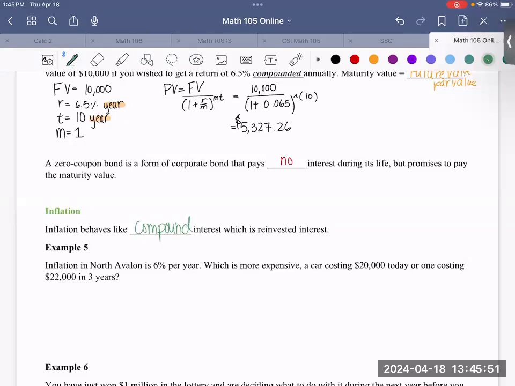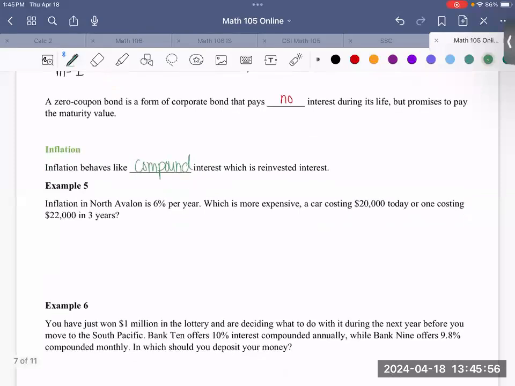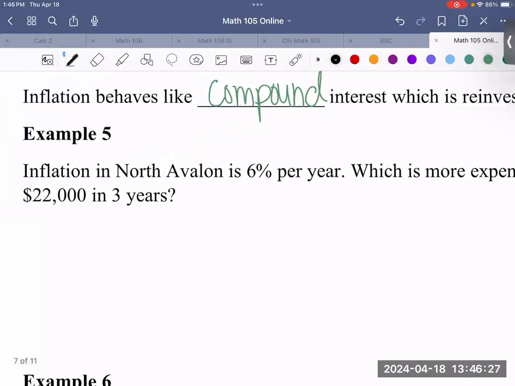So if we have the following question, we can say that inflation in North Avalon is 6% per year, which is more expensive? A car costing $20,000 today or one costing $22,000 in 3 years. So initially, yes, 22,000 sounds a lot more right now. But again, we're working with inflation and we know that that actually could be not the case. So we have two things going on. 6%.